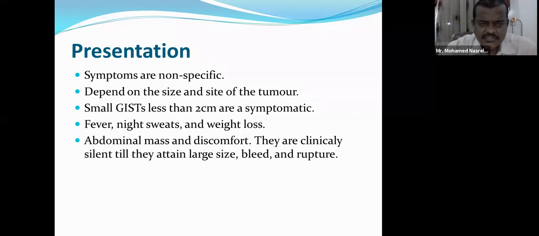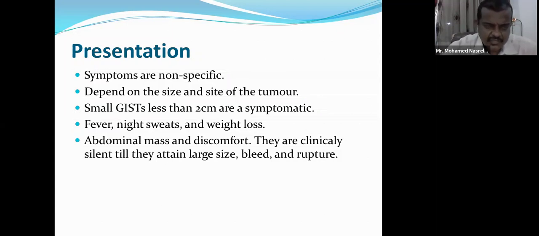Small GISTs, less than 2 centimeters, are generally asymptomatic and found incidentally during OGD, CT scan or MRI. Fever, night sweats, and weight loss are also reported as symptoms in patients with gastrointestinal stromal tumors, as are abdominal mass and discomfort.